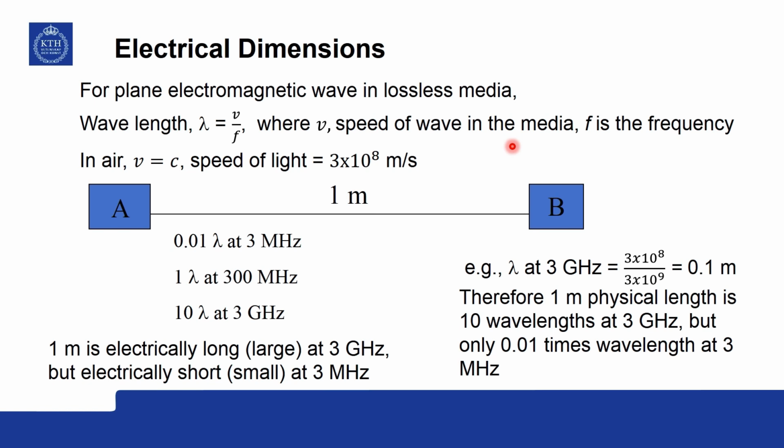So, in air, V is the speed of light, 3 into 10 to the power of 8 meters per second. Frequency is the number of cycles per second. You can see that wavelength is given in meters.